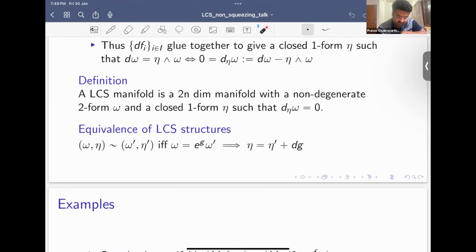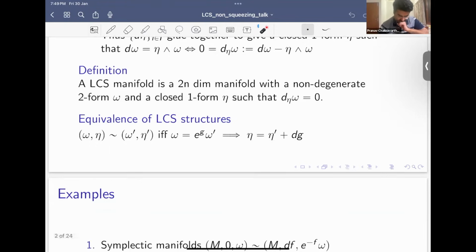Although this feels like giving you 2 pieces of information, the 2 form and the 1 form, given a 2 form, because of the non-degeneracy condition, the 1 form is uniquely fixed by the 2 form. So the 1 form is sort of extra information that we are carrying forth. And so, if I have this condition, this in particular implies that eta prime plus dg should be equal to eta.